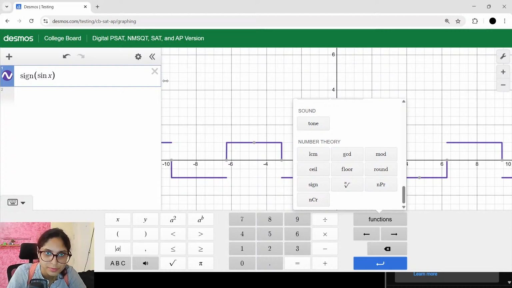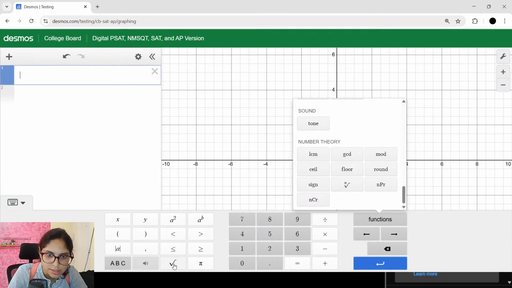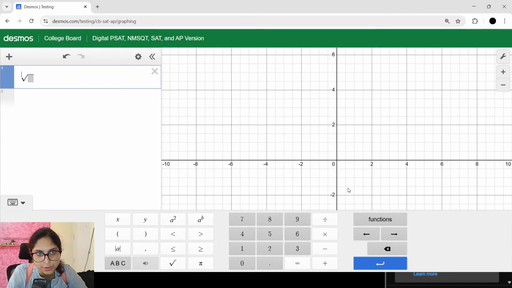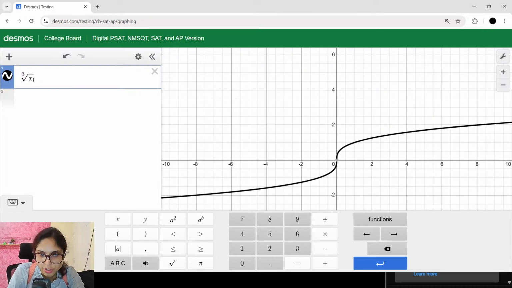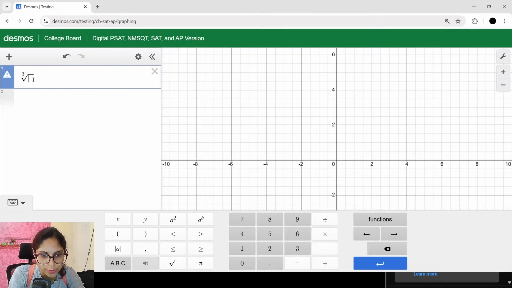Now for square root, we have seen there's a symbol over here. But if you want to find cube roots, fourth root or anything, you just write this symbol. For example, if you want to find the cube root, you can also write a function, you can get the function. Or if you want to find the cube root of, let's say, 27, you can get your answer as well. How you can do it without going to functions, just type nth root.